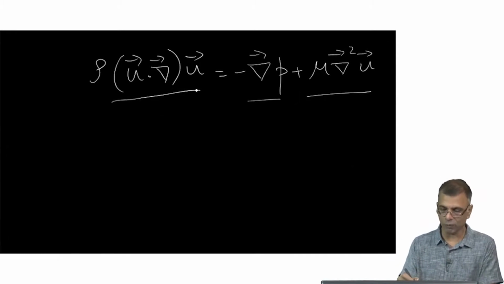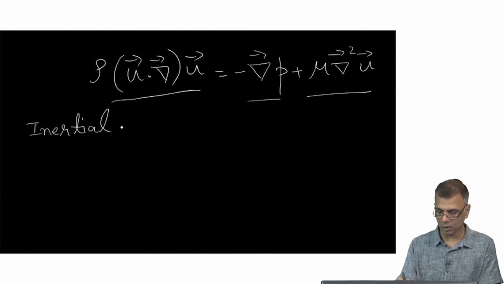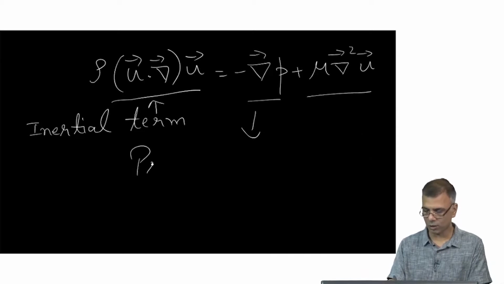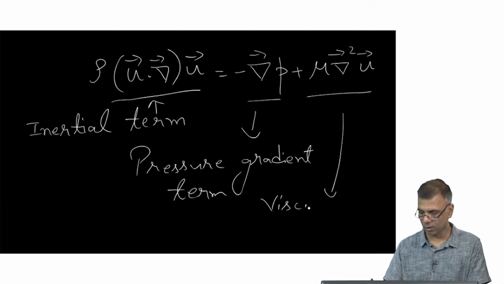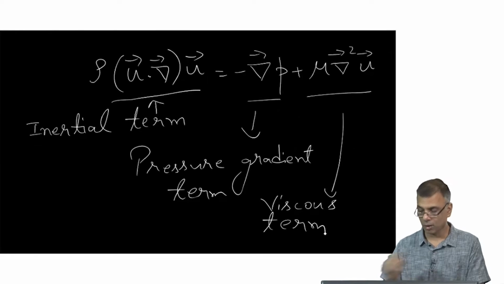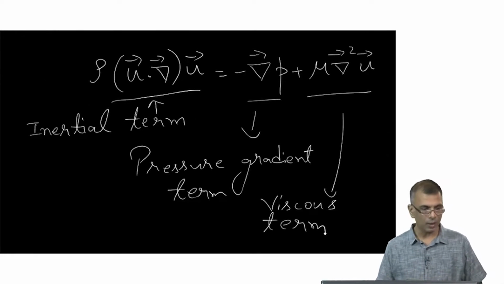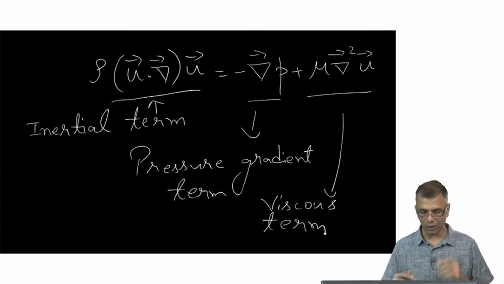Maybe it's useful to write this down: inertial term, pressure gradient term, and the viscous term.